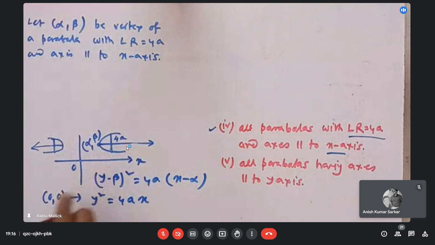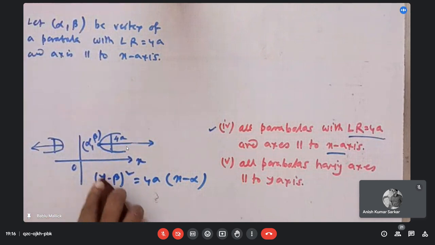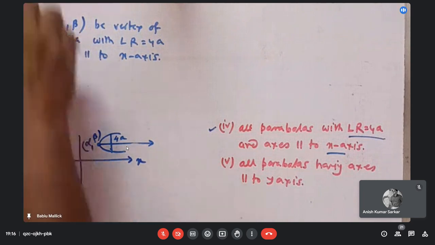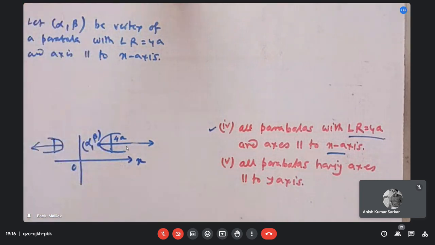You will just draw this diagram, and the axis is parallel to the x-axis.